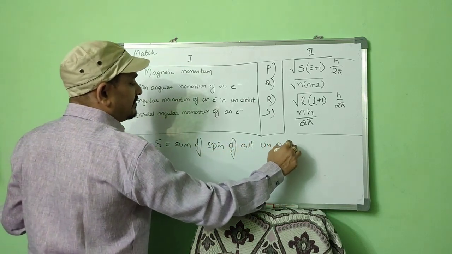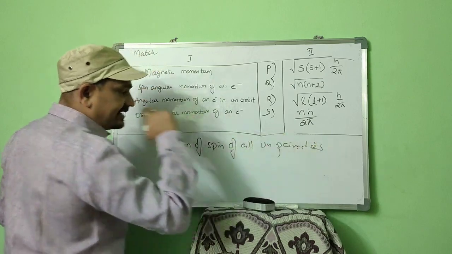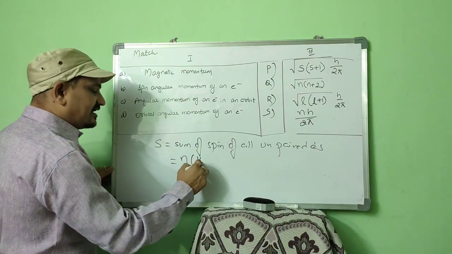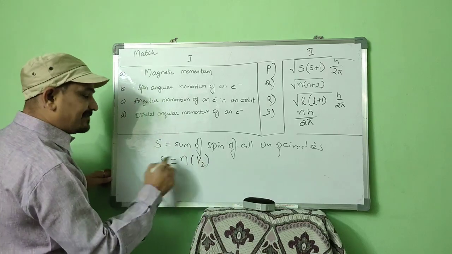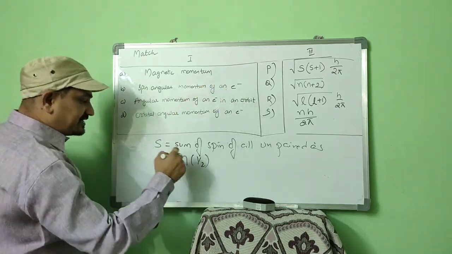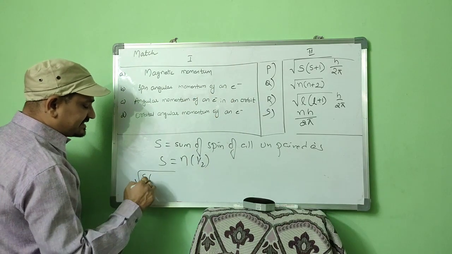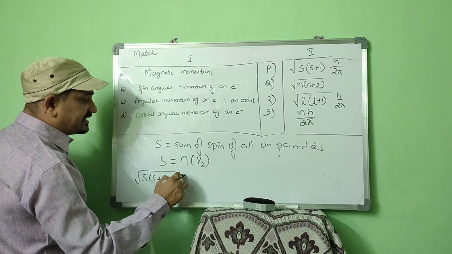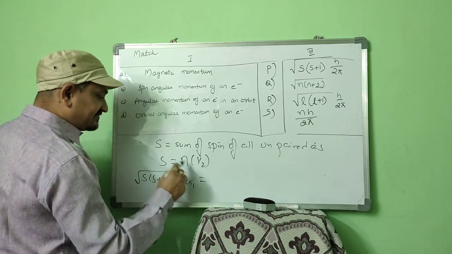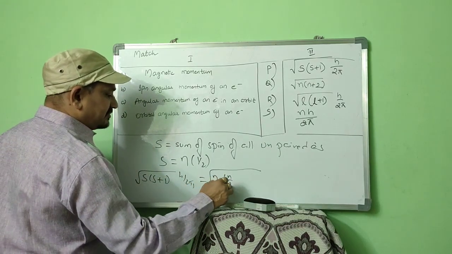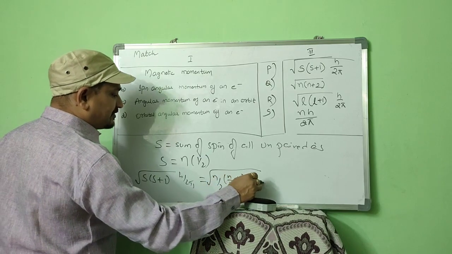Suppose there are n unpaired electrons and half is the spin of each, capital S is n by 2. If you substitute this n by 2 in that formula, root of S into S plus 1 into h by 2 pi, substitute S with n by 2, root of n by 2 into n by 2 plus 1 into h by 2 pi. What is this?